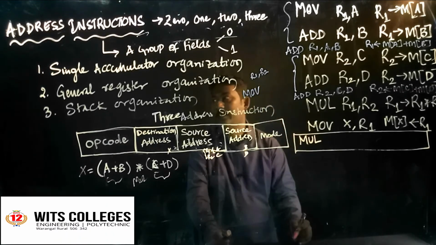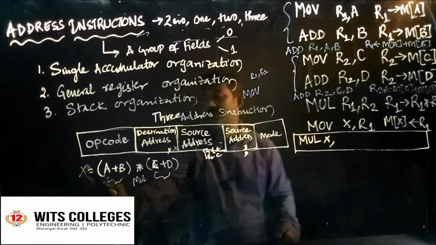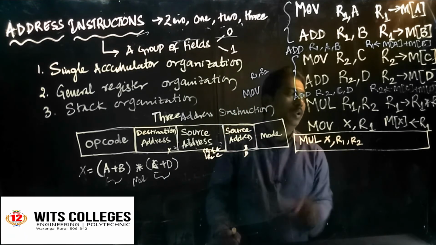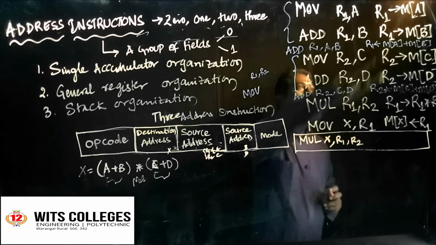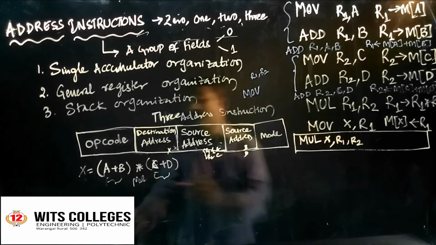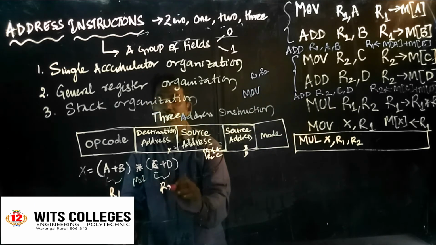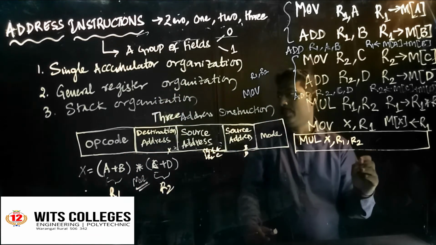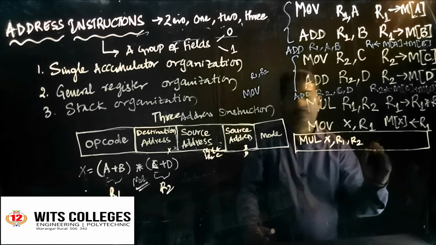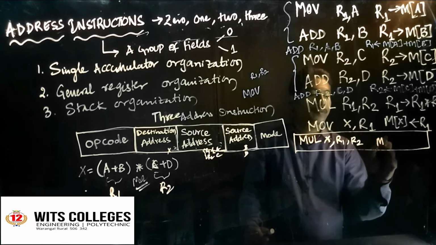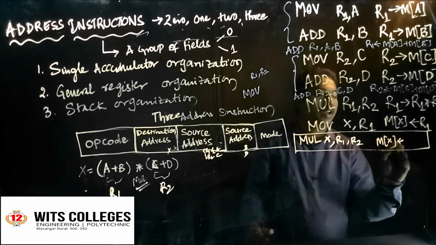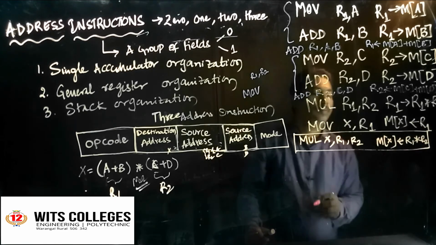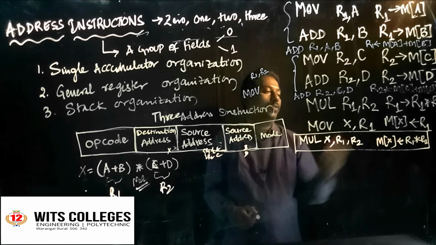MUL X comma R1 comma R2, since the destination address is X. R1 is M of A plus M of B, and this is R1 and this is R2. We use MUL and X, so the output will be M of X stands for R1 times R2. Okay, so this is the output.